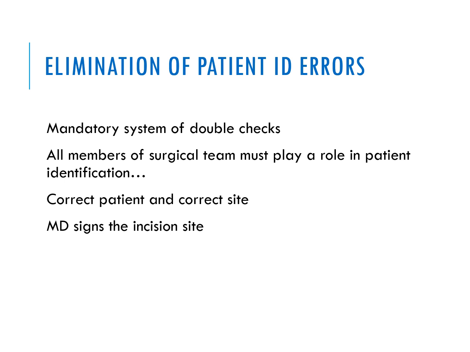All members of the surgical team must play a role in patient identification. The correct patient and the correct site need to be determined, and the MD signs the incision site. If anybody in the care team does not follow these rules, it is important for the circulating nurse to step up and go up the chain of command to maintain patient safety.